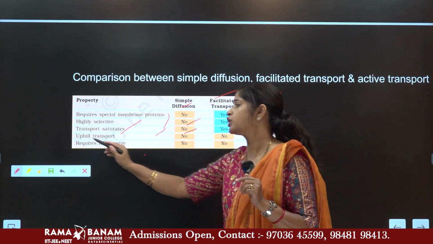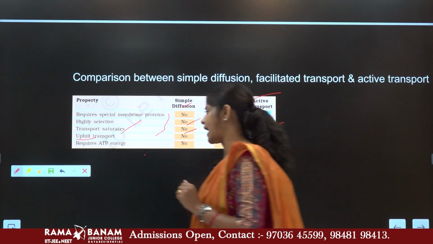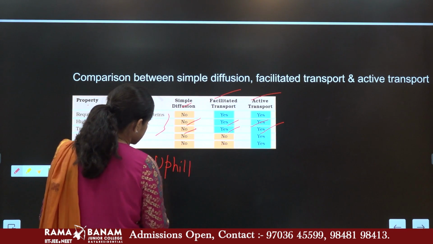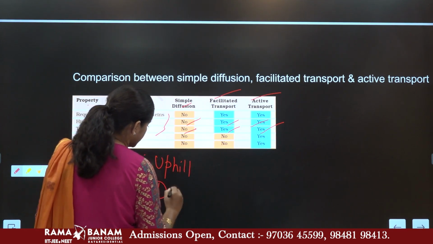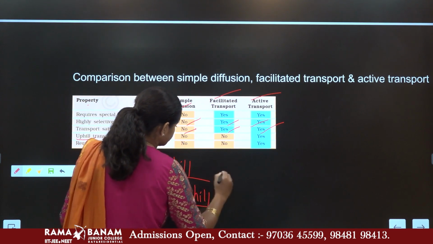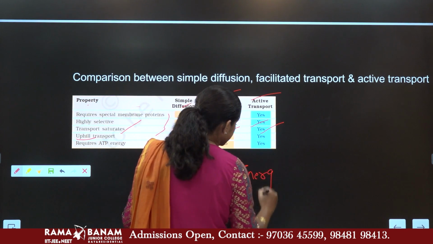Now, the fourth one is uphill transport. One is the uphill transport and another is called the downhill transport. Uphill means it requires energy.